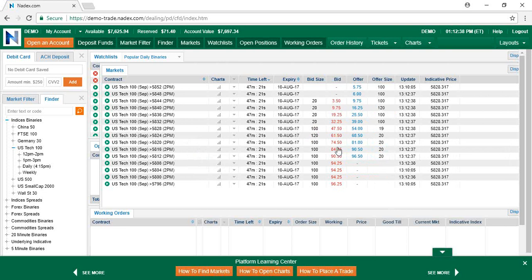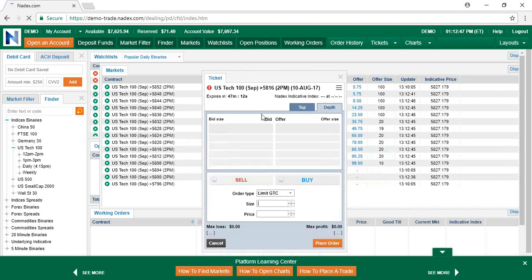So, real quick question though, just to make sure you got this. This binary right here, okay? This statement says the US Tech 100 will expire greater than 58.16, right? Right now the market's at 58.27.